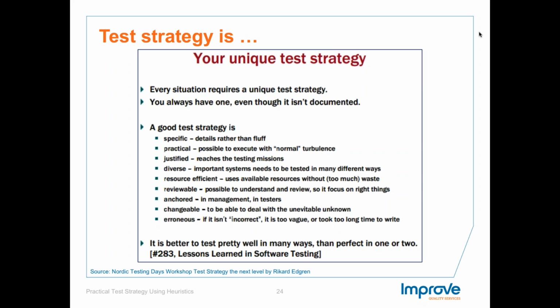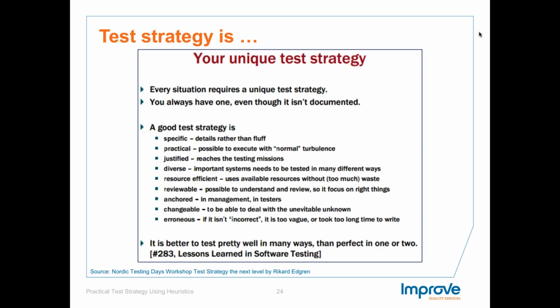That's on the bottom part of this slide. It's better to use diverse half measures, as we call them. I would rather have you do 10 different approaches a little bit than one imperfection, because every single approach, every single technique finds different information, finds different bugs.